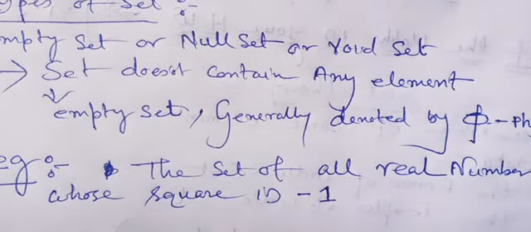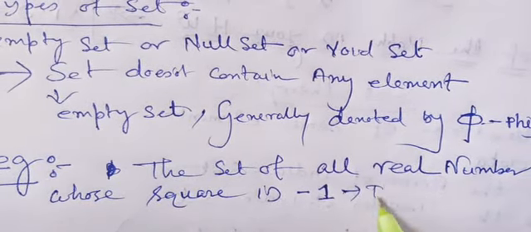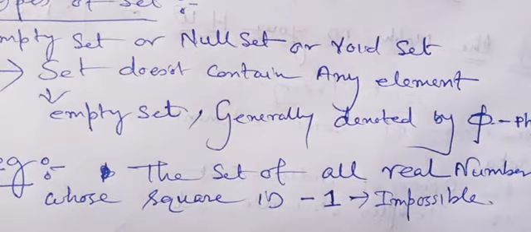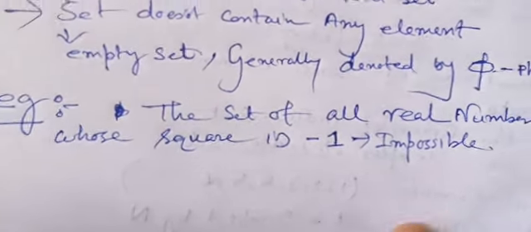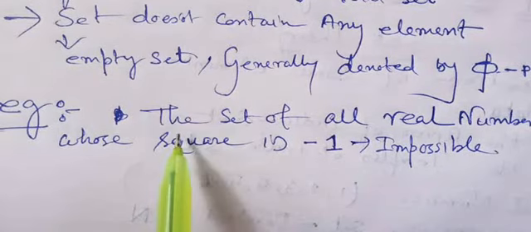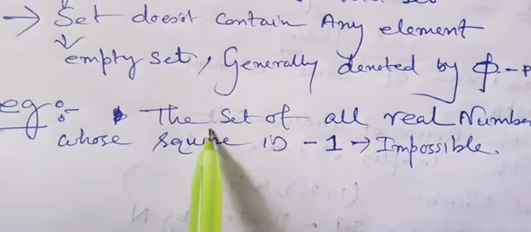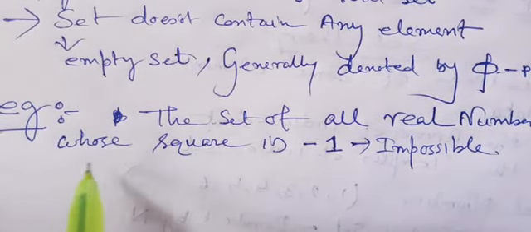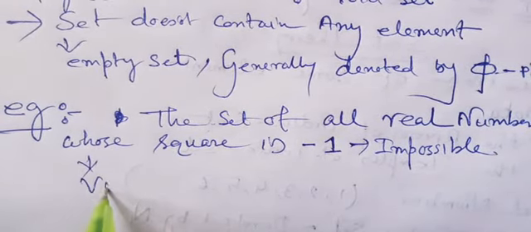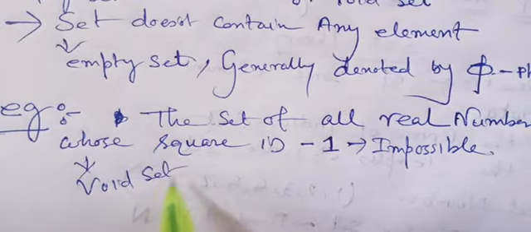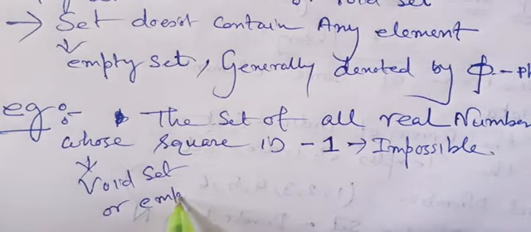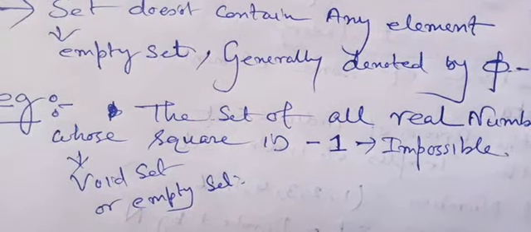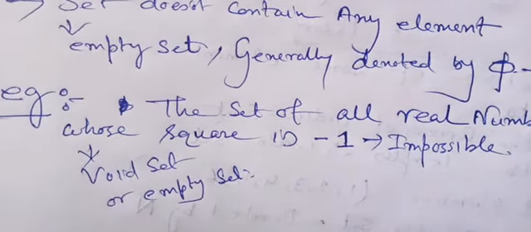It is not possible. So it is impossible, and we can't get any element from this statement. So this is a void set or empty set, because we are not getting any single element with respect to this statement.